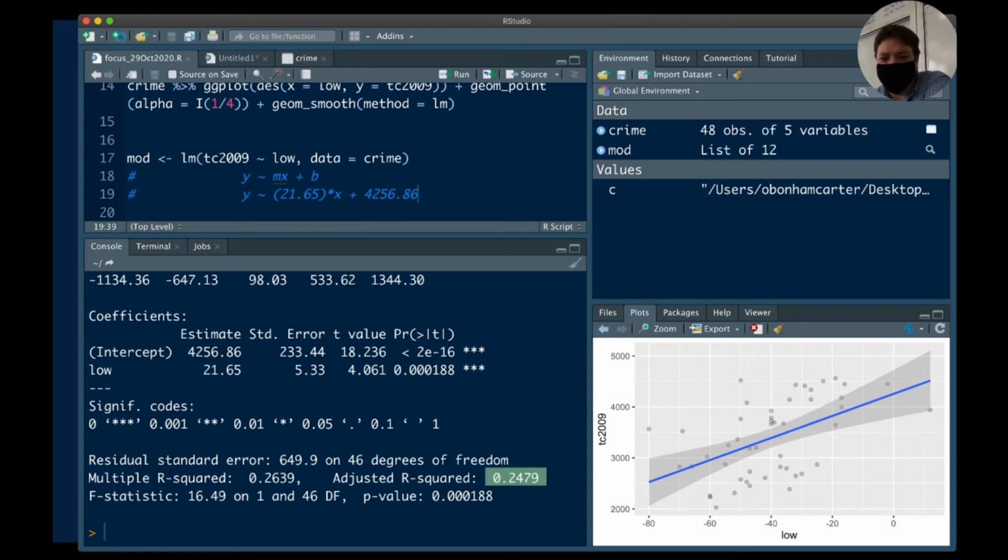It means that in general, I guess you can say that the temperature does predict this other variable TC 2009, but it doesn't say everything. In fact, this is only 20% of the story. There is still 80% out there. That means 80% of something is describing the variability in TC 2009.